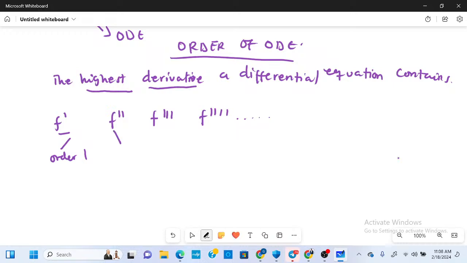If the highest derivative in your differential equation is f double prime, then we say it has order 2. Likewise, order 3, then order 4, in that manner. So the order of a differential equation is simply the highest derivative a differential equation contains.